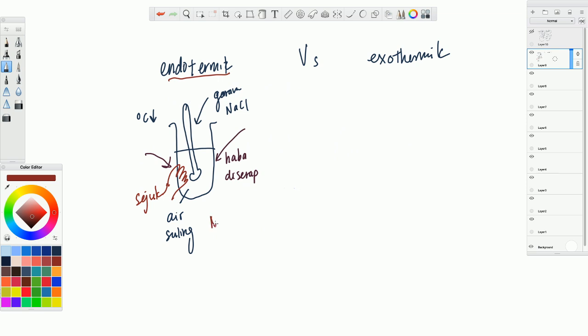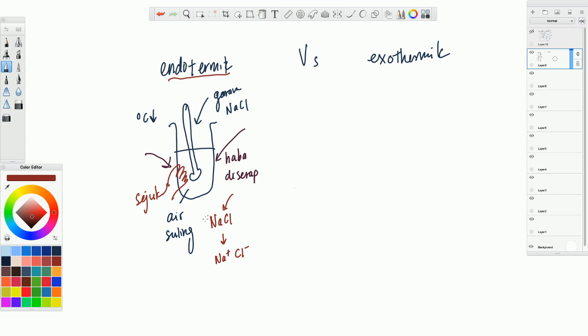Maksudnya, bahan kimia NaCl ini menyerap haba daripada air, daripada tabung uji dan memecah menjadi ion natrium, ion klorida. Apabila haba diserap ke dalam bahan kimia ini, air kehilangan haba. Oleh itu, suhu air menurun. Tabung uji kehilangan haba. Oleh itu, suhu tabung uji menurun.